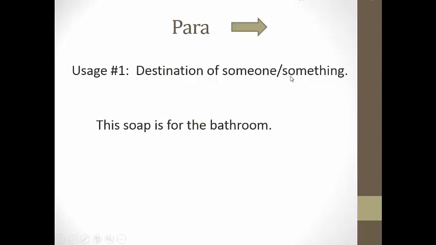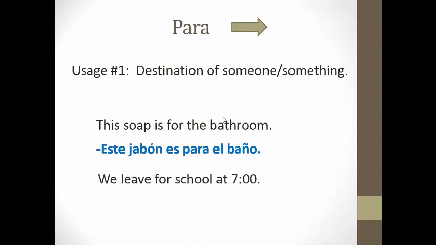Okay, that's its destination. That's where it's going. That's why I bought it. So to translate this, you would say, Este jabón es para el baño. Okay, another example sentence. We leave for school at 7 o'clock. That's our destination. So, to say that in Spanish, salimos para la escuela a las 7.